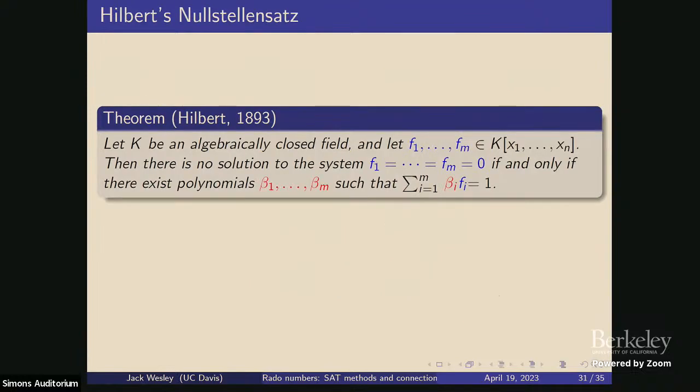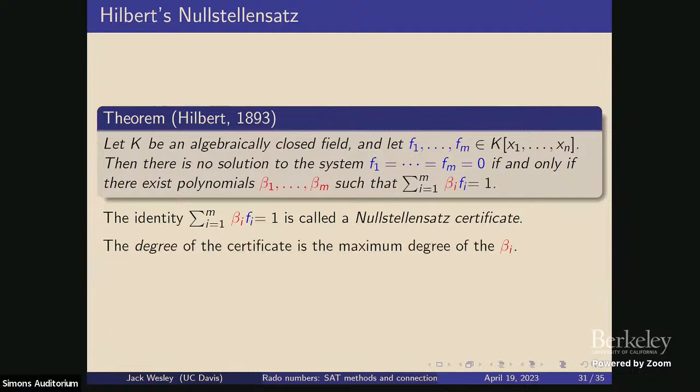And of course, I won't spend too much time on this, but Hilbert's Nullstellensatz says that the system will have no solution exactly when we can find this identity, sum of beta i times f i equal to 1, as a Nullstellensatz certificate. And here we were interested in the degree as our complexity measure, and we define that to be the maximal degree among the beta i.